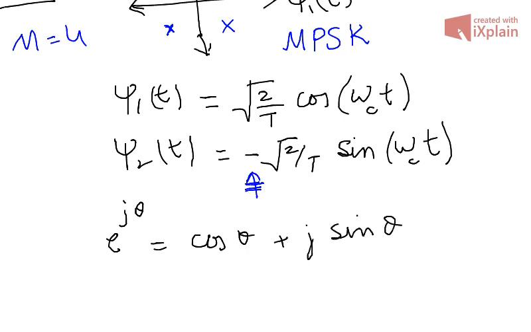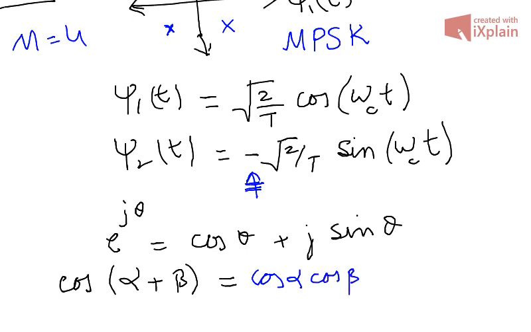So we may use this identity today. And another mathematical formula, cos of alpha plus beta, which is equal to cos alpha cos beta minus sine alpha sine beta. So you know these trigonometric identities, which we will use today in my lectures.